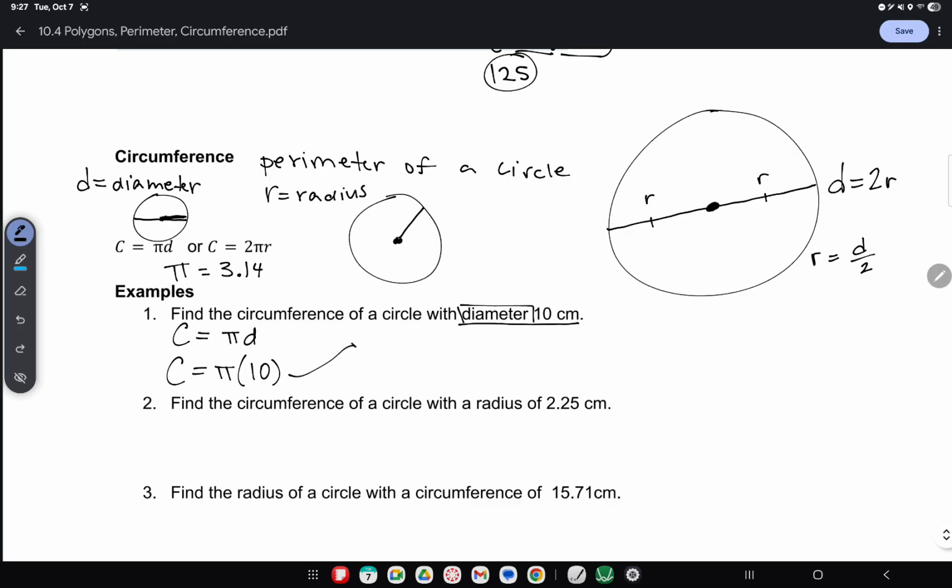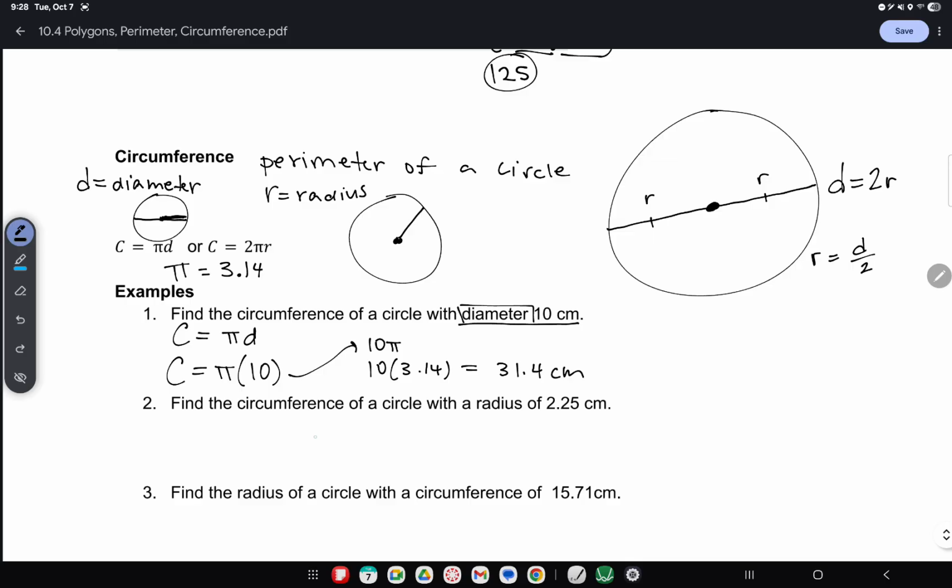Now I could rewrite this as 10 pi for an exact answer. Or I can do 10 times 3.14 to get an approximation. So 31.4 centimeters.